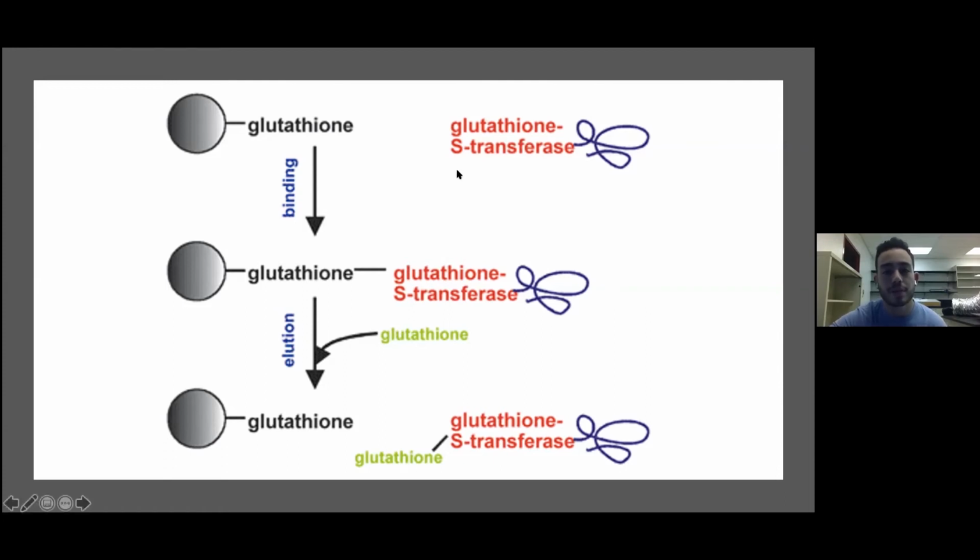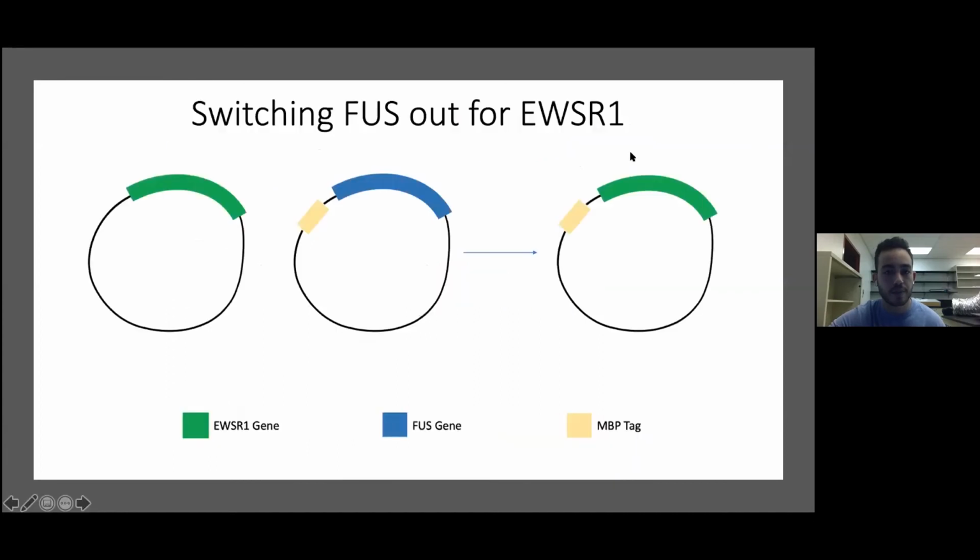They had a glutathione S-transferase tag, which is just GST. And we had to switch that out with another tag that we knew would help isolate the protein even better and give us higher concentrations of the protein. So what I did was I had to switch the tags out.